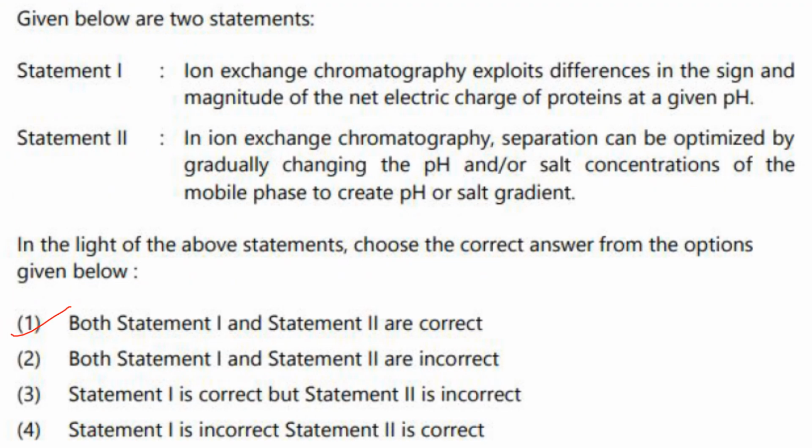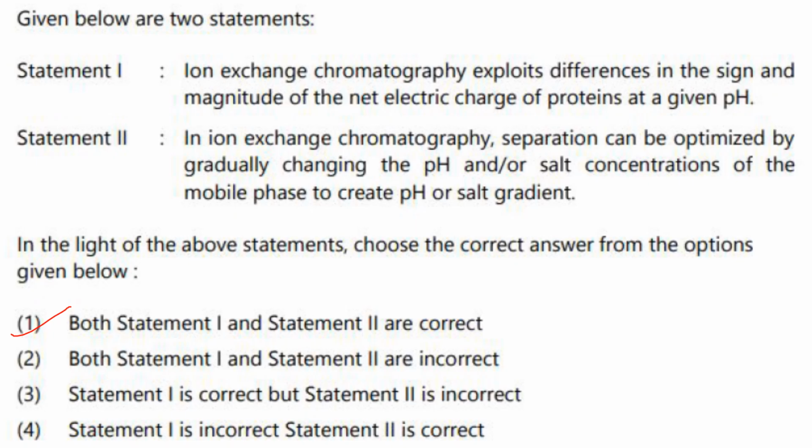Then next one. Ion exchange chromatography exploits differences in the sign, that is either positive or negative, and magnitude of the net electric charge of proteins at a given pH. So at a given pH, proteins can exist either positively charged or negatively charged, and ion exchange chromatography exploits these differences in the sign and magnitude of the net electric charge of proteins. So that is correct.